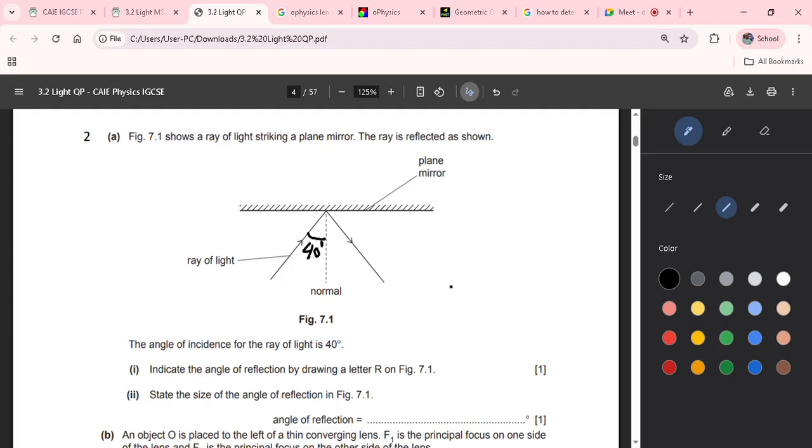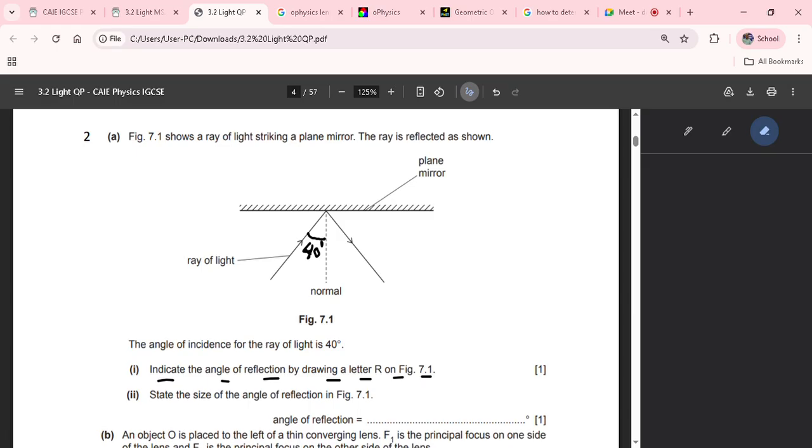So this is called the angle of reflection. Indicate the angle of reflection by drawing the letter R on figure 7.1. So just write R here.